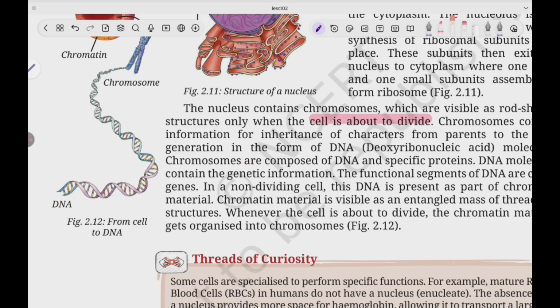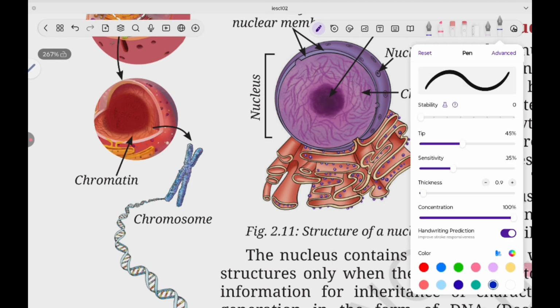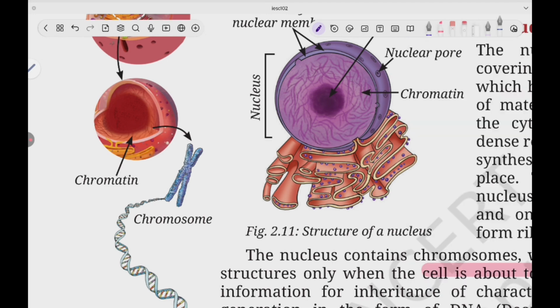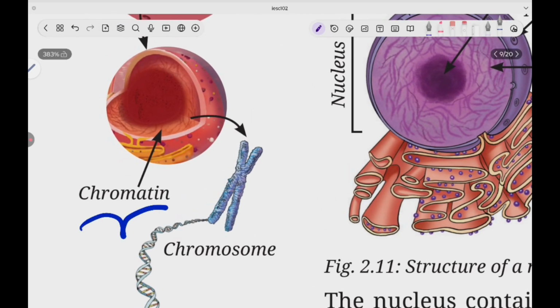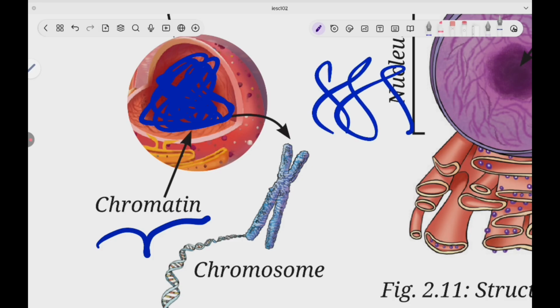Then you can also ask, when the cell is not about to divide, where are these chromosomes? When the cell is not going to divide, they are in the form of chromatin. Chromatin is a thread like structure, like this. It is present inside the nucleus, a thread like structure like this.